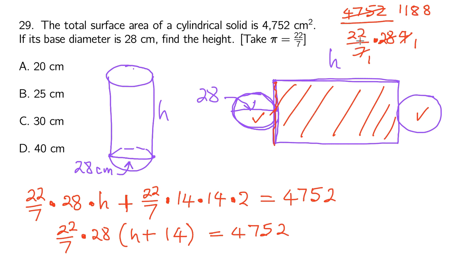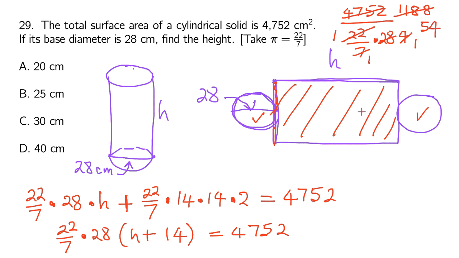And what's 1188 over 22? We know that 22 times 5 is 110. So when you subtract the 110 from the 118, you have 8. And 22 divides 88 4 times.